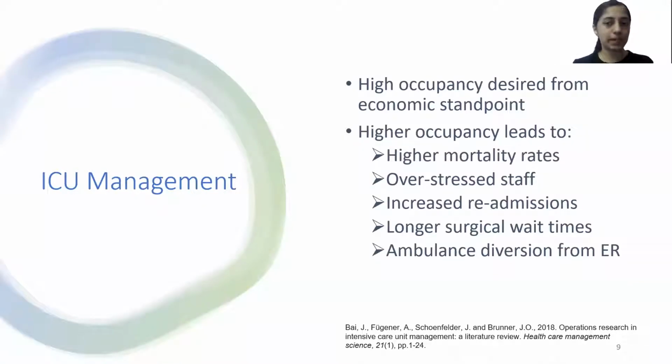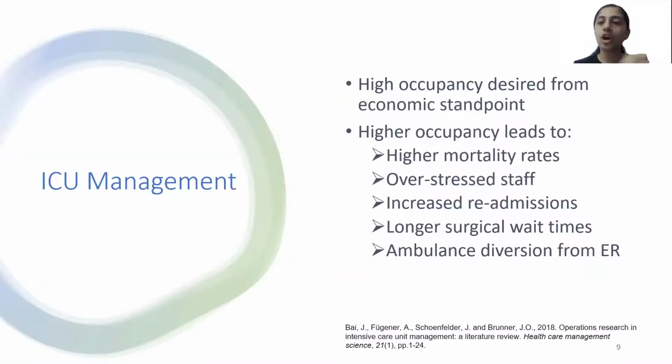ICUs typically house very costly equipment and highly trained staff. This implies that from an economic standpoint, a high occupancy of ICUs is desired. However, previous research has shown that high occupancy in ICUs leads to a reduction in the quality of care provided to the patients.